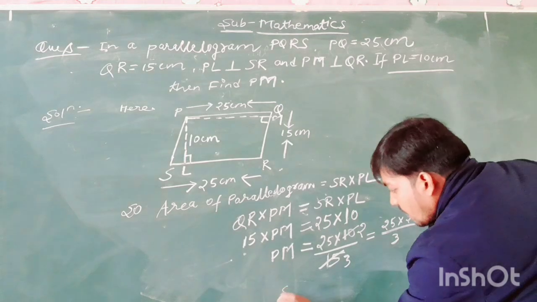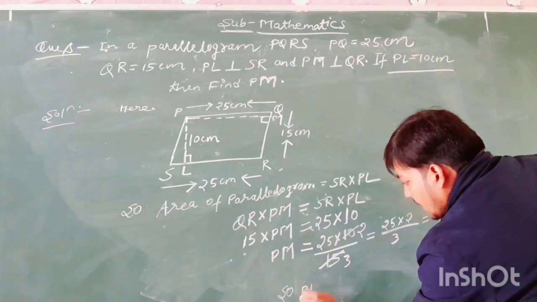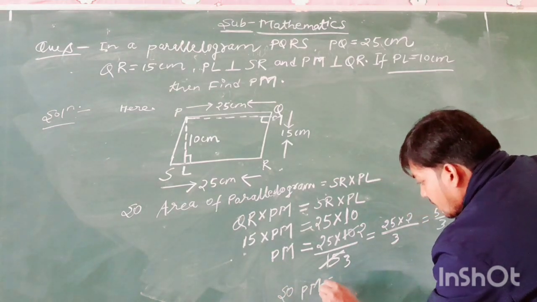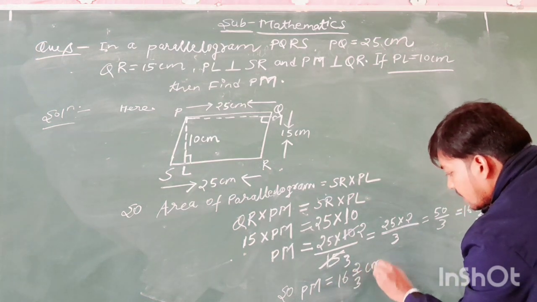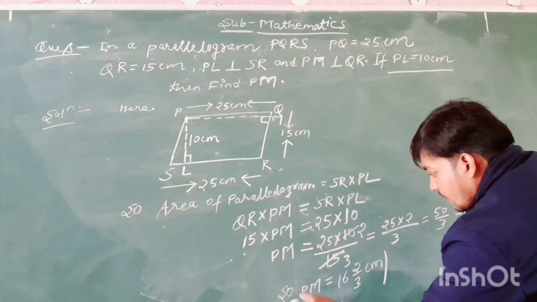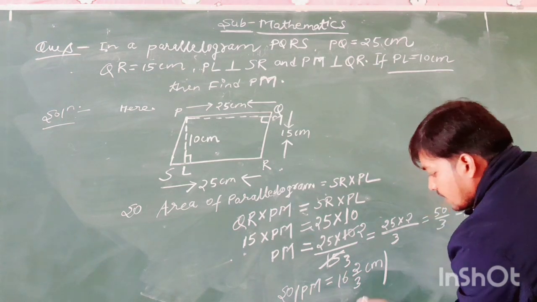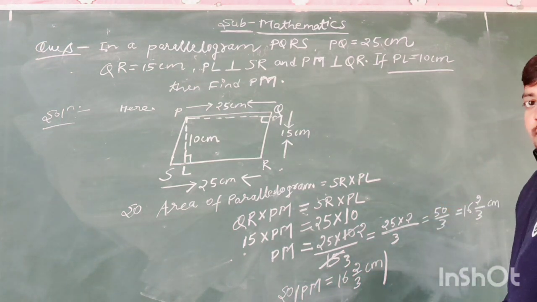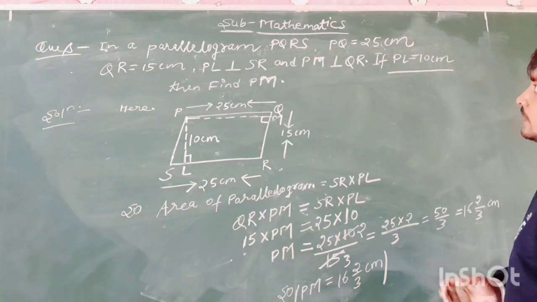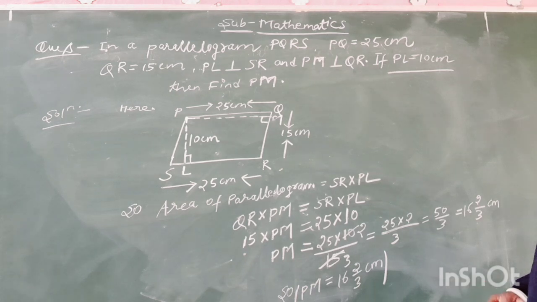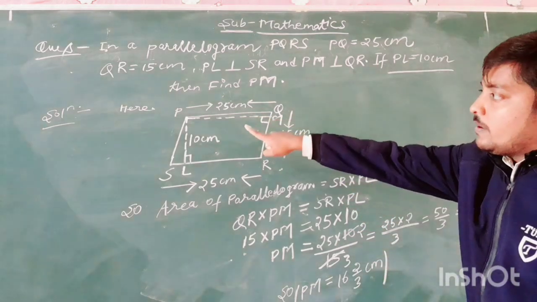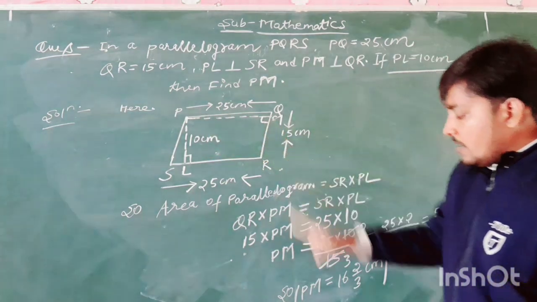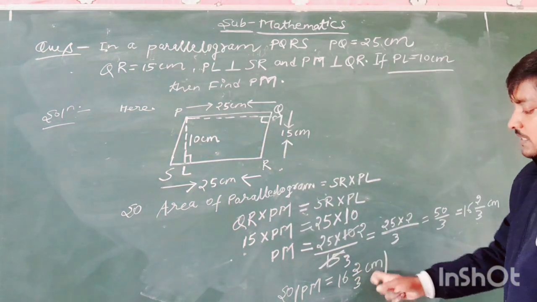So the measure of PM will be 16 whole 2 by 3 centimeter.